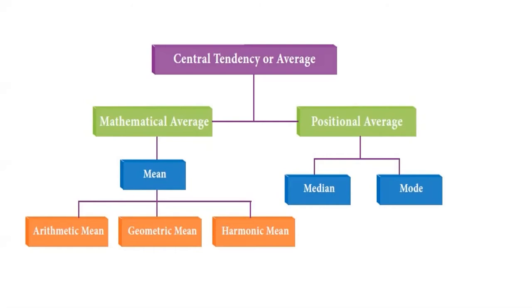In the positional average, we have two things, that is median and mode. Median is the central value and mode is the most fashionable value.